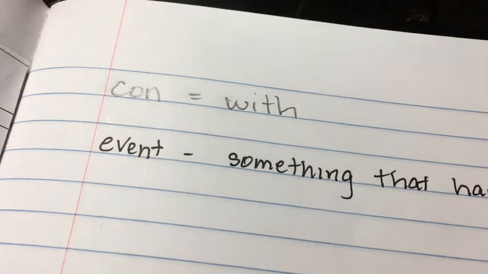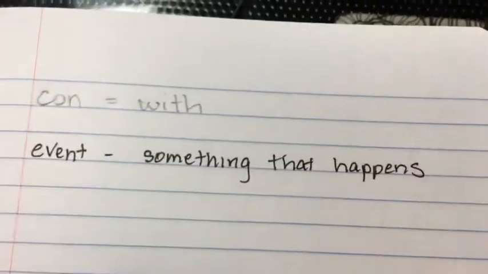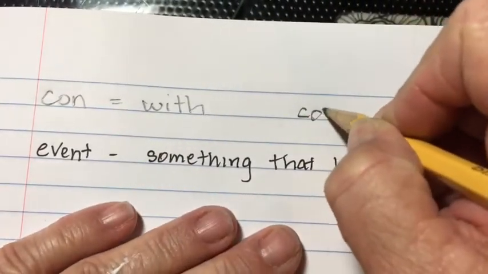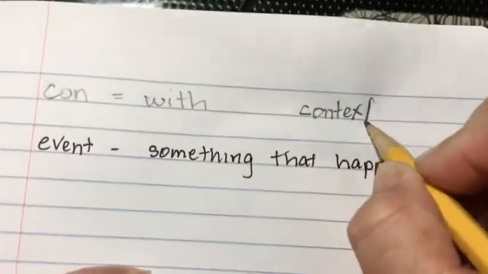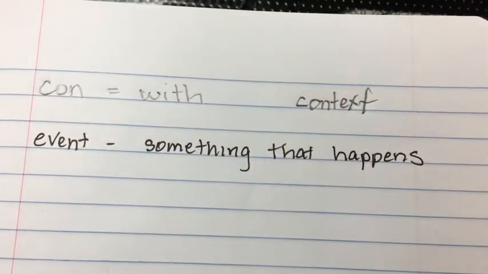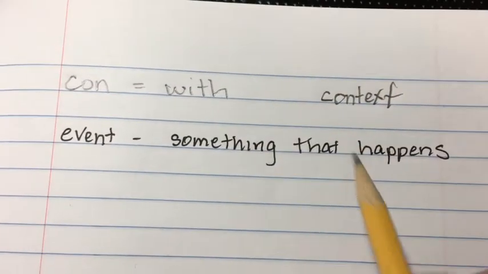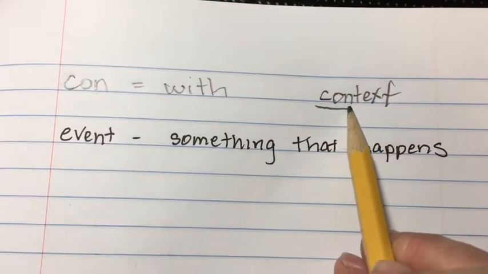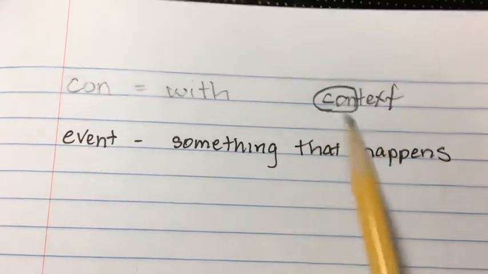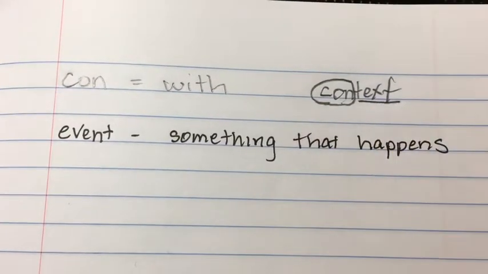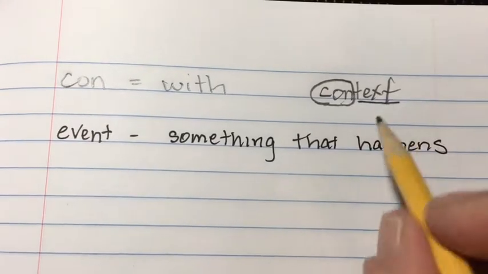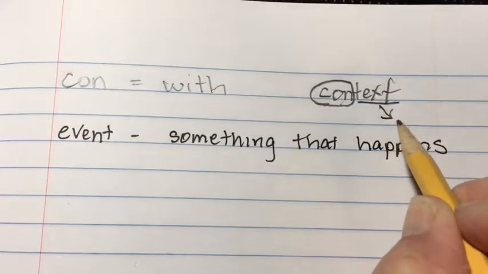When you write the word context, you spell it C-O-N-T-E-X-T. Sorry about that. First video and all, it's going to be kind of messy. So if you divide that word, you have a prefix, con, and then you have the base word, text. And what this means is written word.